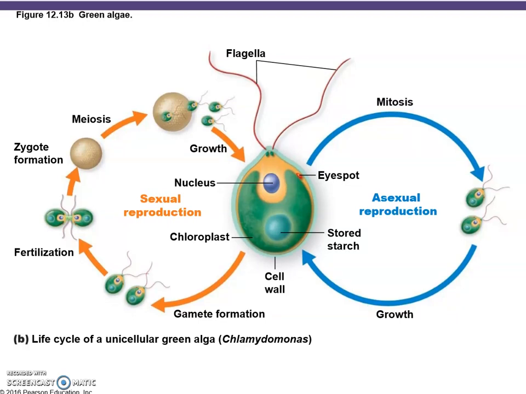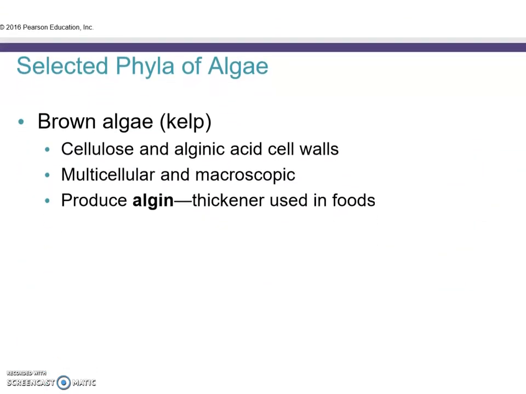This little Chlamydomonas right here forms some gametes that are fusing together, fertilization, then zygote formation, meiosis, and then here we have more of these little gametes that are popping out right here. In asexual reproduction, they just keep doing mitosis and grow, mitosis again, so that would be the asexual reproduction cycle.